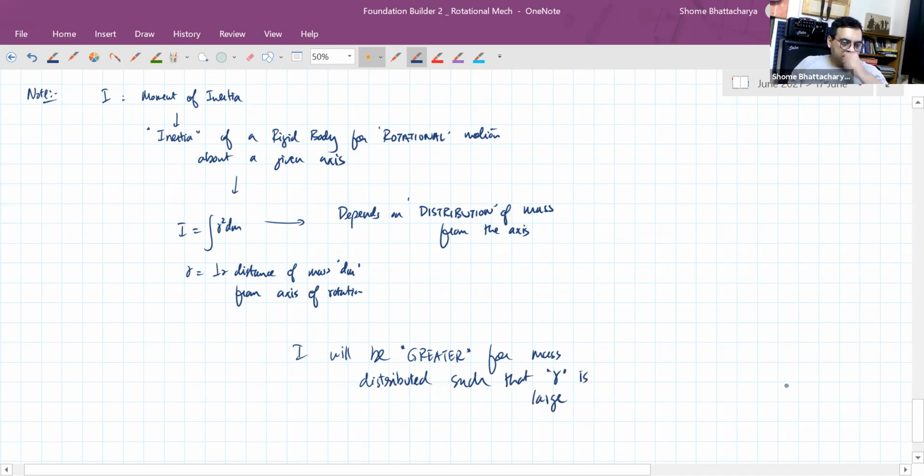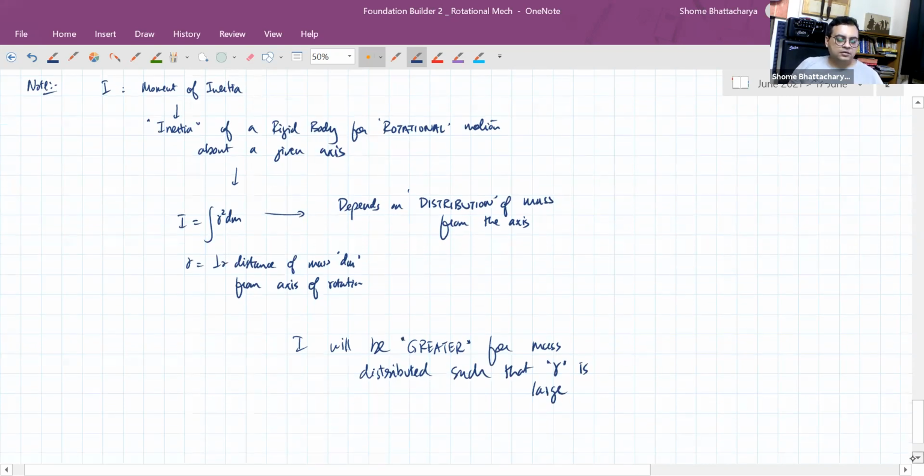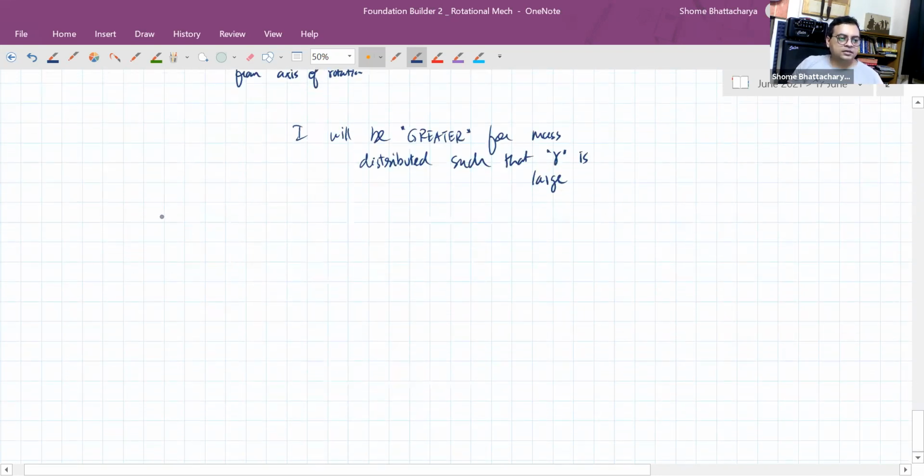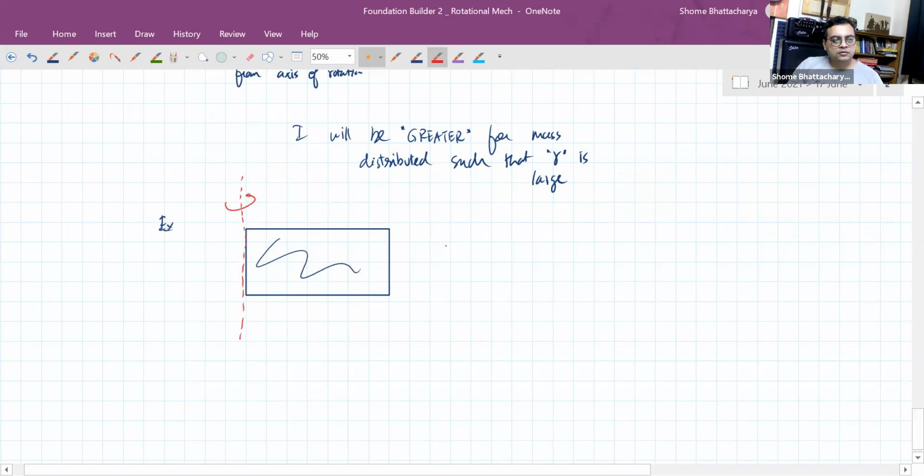So that is why, for example, if you have something like a rectangular plate like this, and in one case the axis of rotation is here, this is the axis, and let's say this is mass m, length l, and width p.